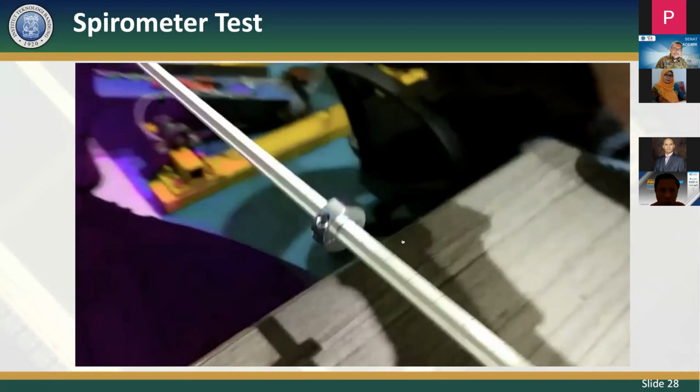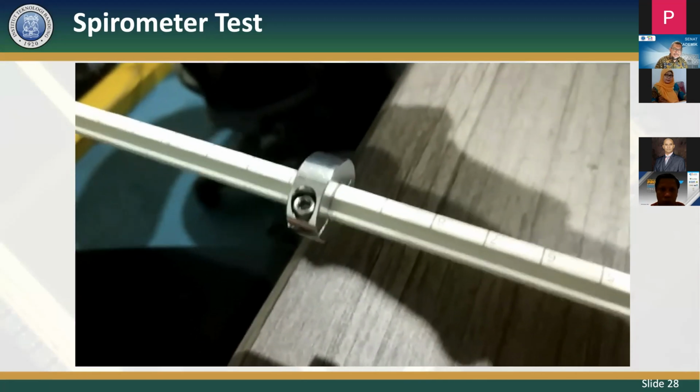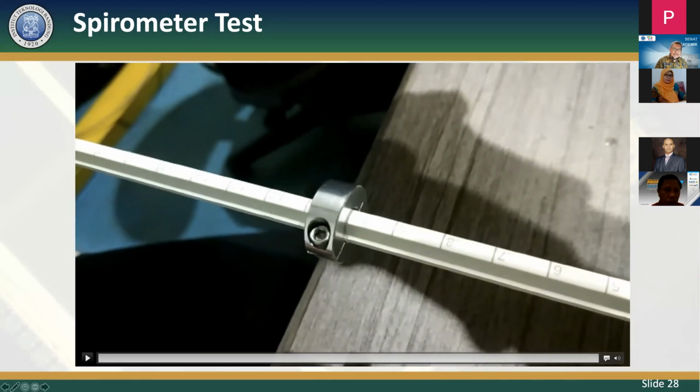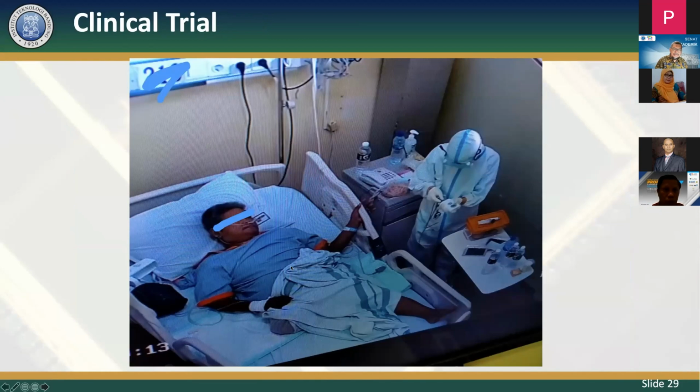So this actually showed how much. And then we do medical testing directly to the COVID patient. So this COVID patient, we measure in hospital.